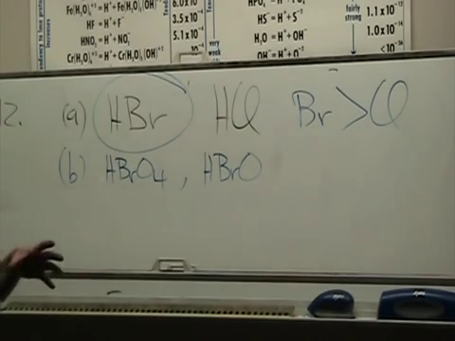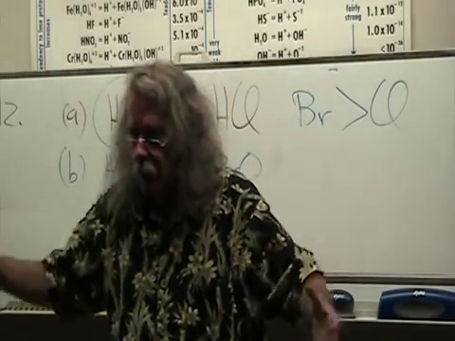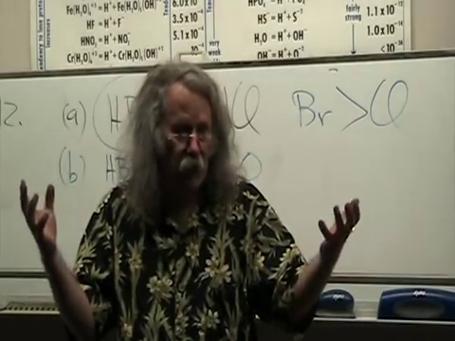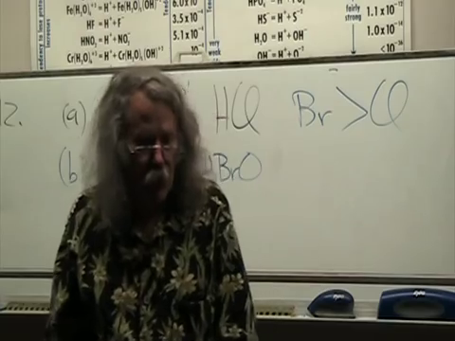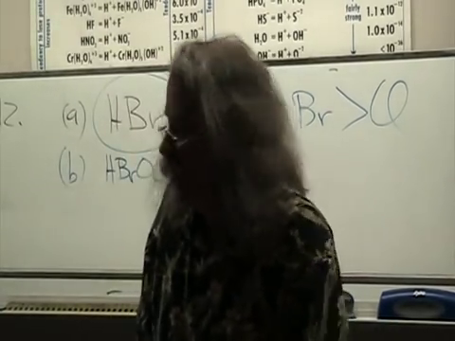The more oxygen atoms there are, the more that anion can delocalize its electrons and spread out that electron density for the negative charge over all the oxygen atoms. So the one with the most oxygens is going to be the stronger acid.